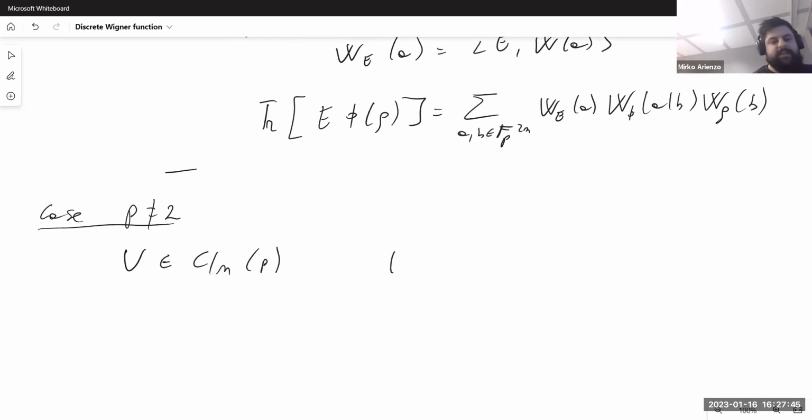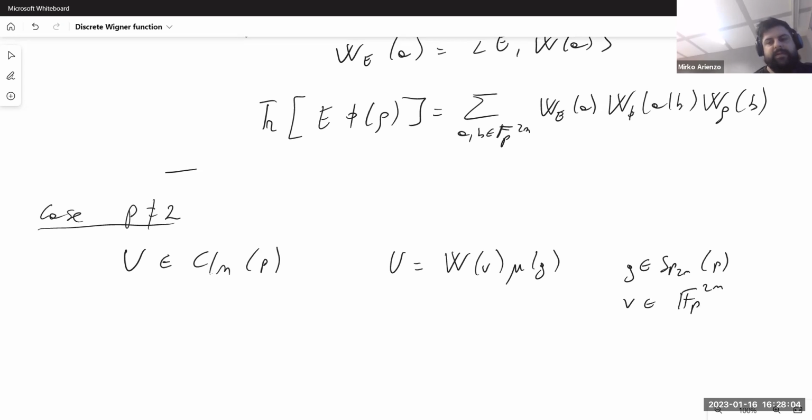Just remember that these operators can be written as a product of two operators: a Weyl operator and then an operator associated with the symplectic matrix. So G is the symplectic group, and B is still a discrete phase space point.